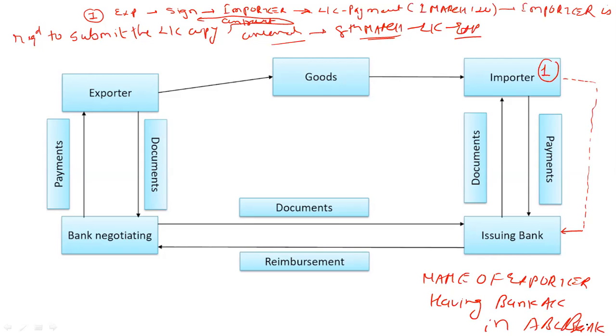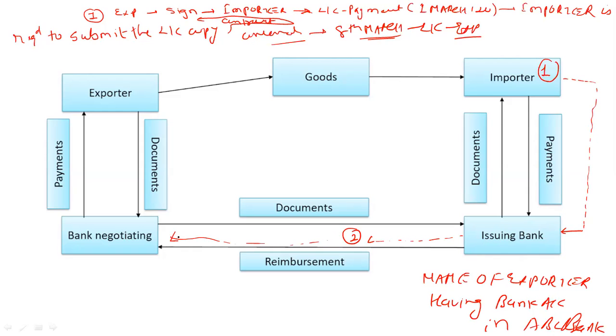This is the first request. After examining the creditworthiness of the importer, the issuing bank issues the letter of credit. This is step number 2.